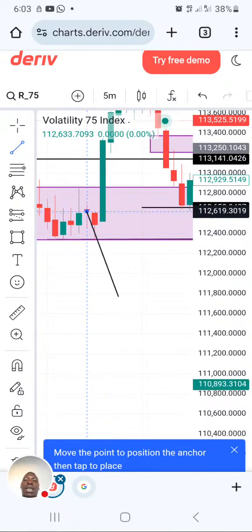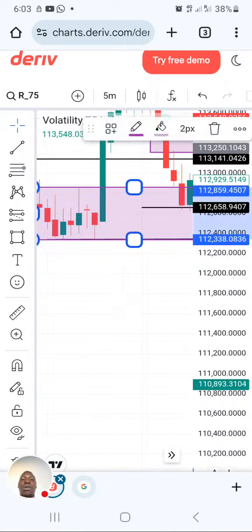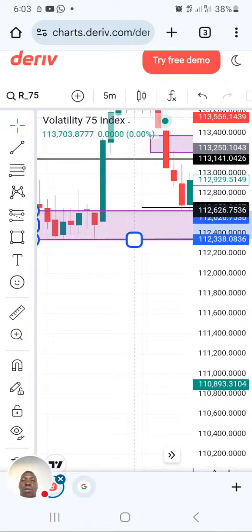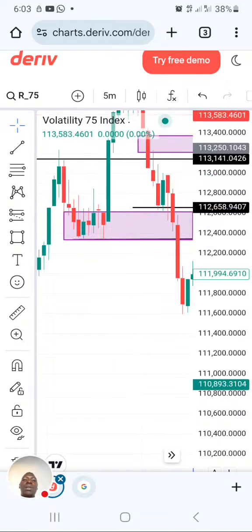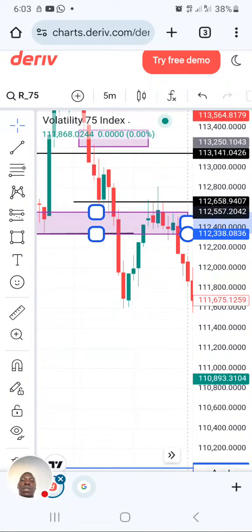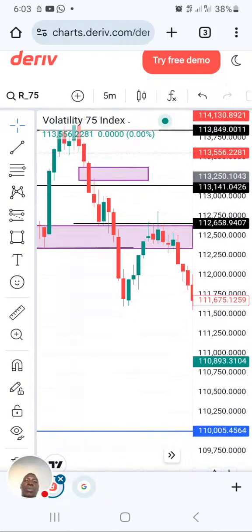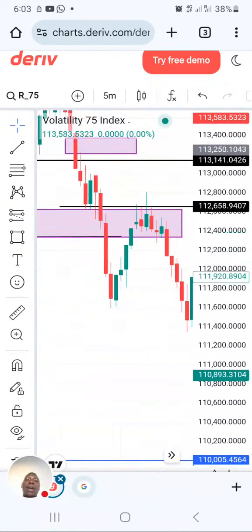So if we take this ready candle as our order block, like that, and then we come to the right, you can see that the market came very well to test that broken order block. When they test that broken order block, we have massive rejections.